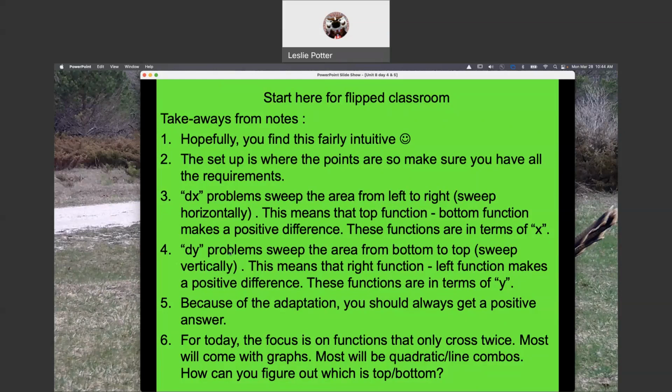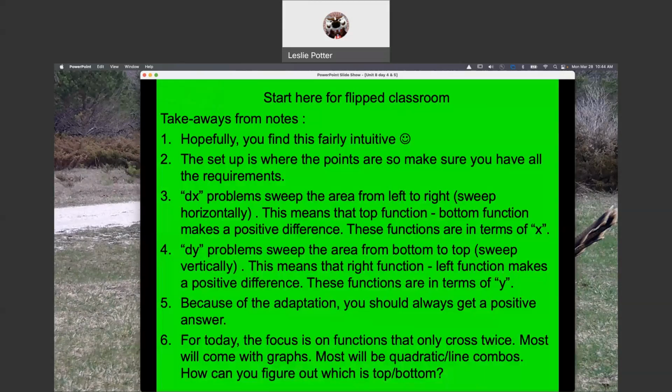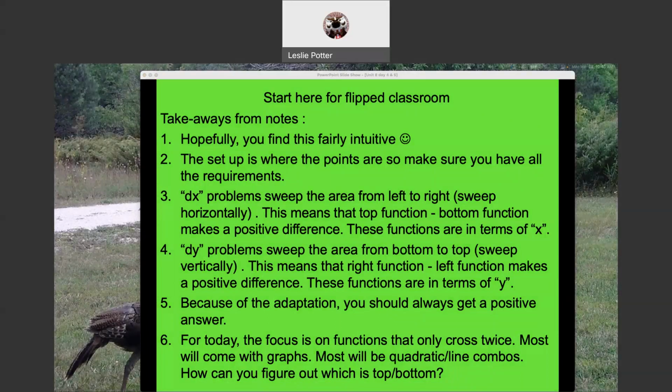Let me think about that for a second. Got to look at the syllabus here for a sec. Yeah, okay. So cross twice, like quadratic line combos.